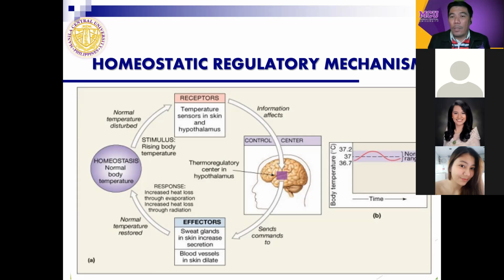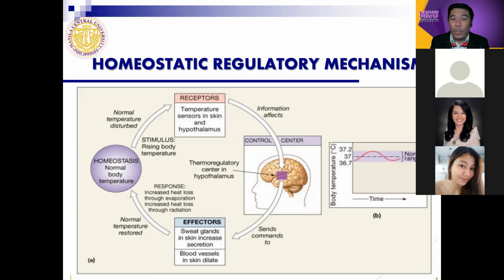You will feel that because of the dermatomes present in our body. Then what will be the action? At the start of the rise in body temperature, the receptor will transmit an impulse to the brain. Once the information is transmitted to the brain, the one responsible for thermoregulation is the hypothalamus.